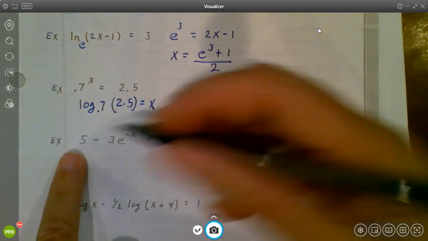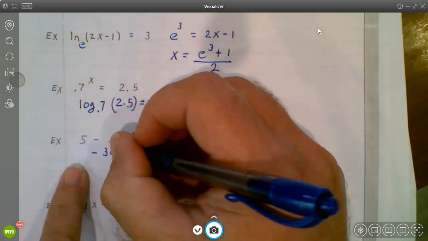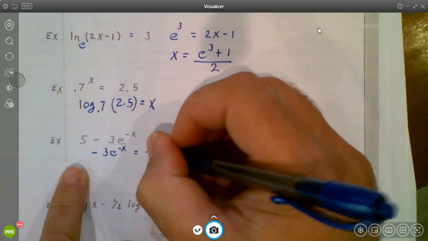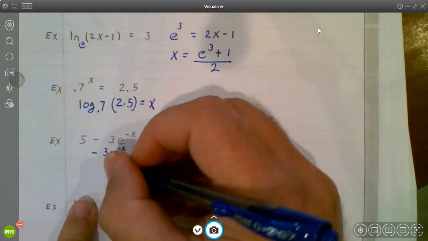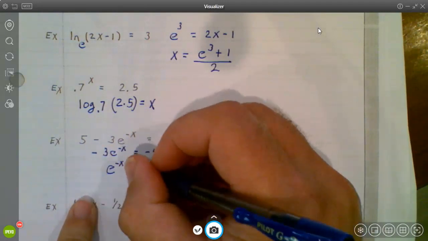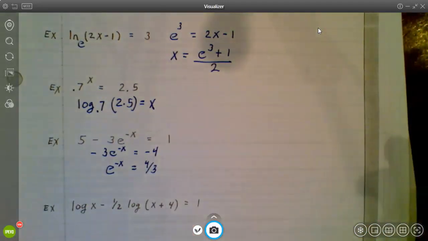So I would start by subtracting that 5 over, putting me here. Divide both sides by -3. So I get this. Now we can look at changing this into log form.